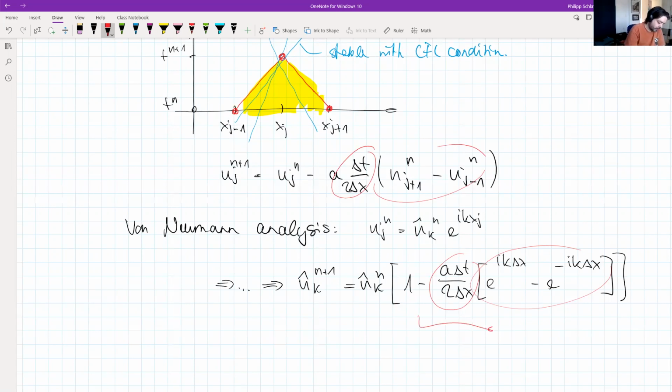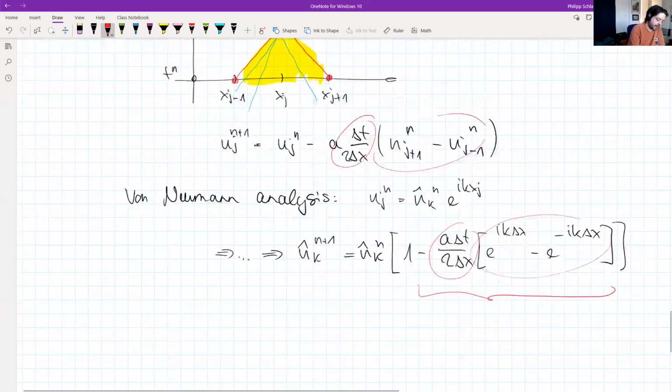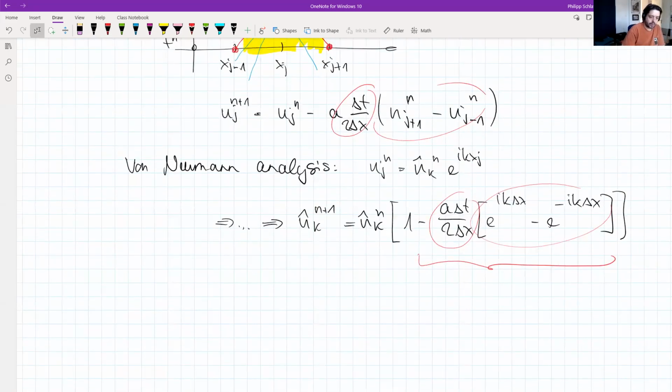This we can summarize as minus I times sigma sine of k delta x, where sigma is the same as before, a times delta t divided by delta x.